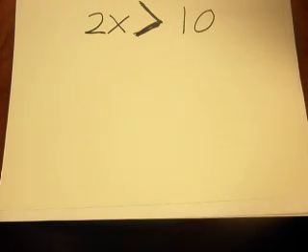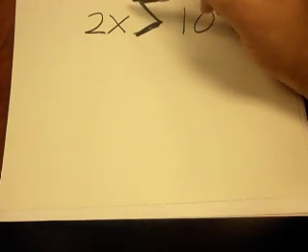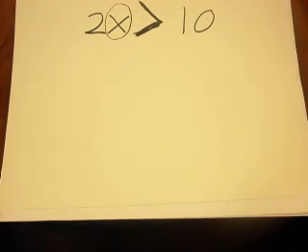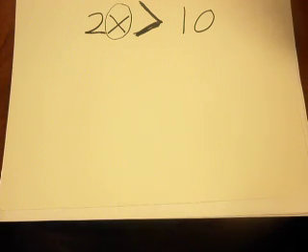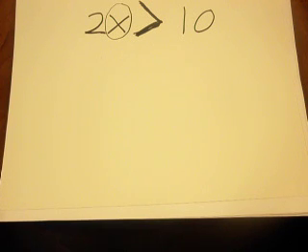So we're going to solve these just like any of the algebra problems we've been doing, except for just a little bit different. I'll show you the difference here in a moment, but we're going to start the same way. We're solving for x, so I'm going to circle the x because that's what I want to find the solution to. I want to isolate it, get it by itself. The x doesn't get along with its coefficient there, which is a 2, so we want to get the coefficient of 2 out of there.